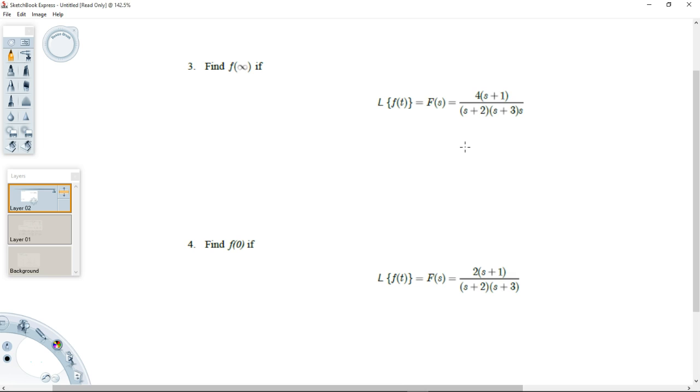Ideally, what you'd want to do is be able to do that, but still stay in the Laplace domain, and there's a trick in how to do that. So this is what you would do. This is what you would be doing to actually get f infinity.